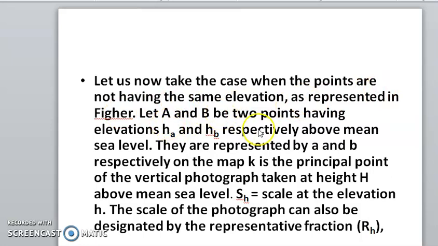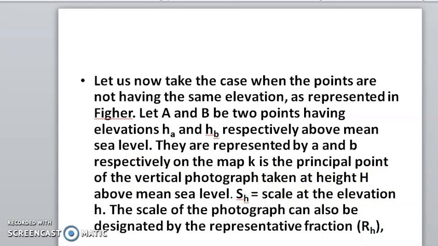Let A and B be two points having elevations HA and HB respectively above the mean sea level. They are represented by a and b respectively on the photograph, where K is the principal point of the vertical photograph taken at height H above the mean sea level.